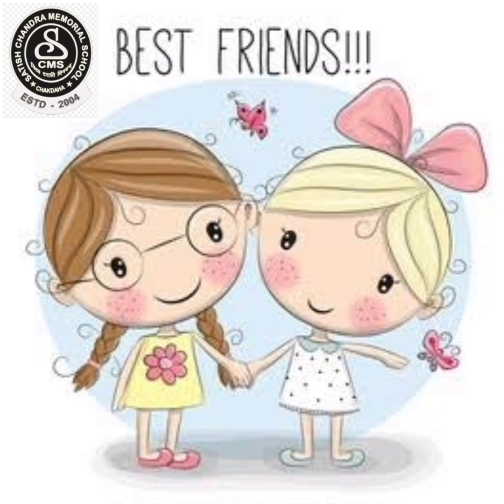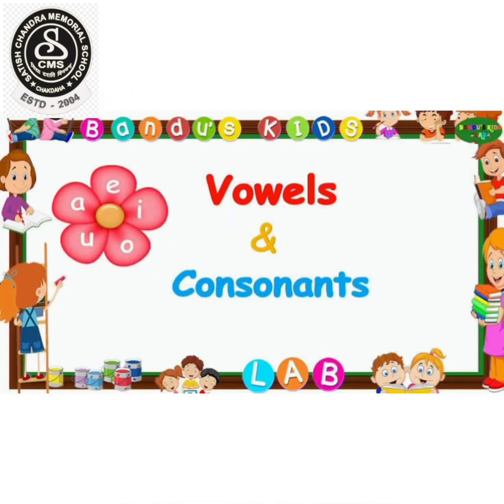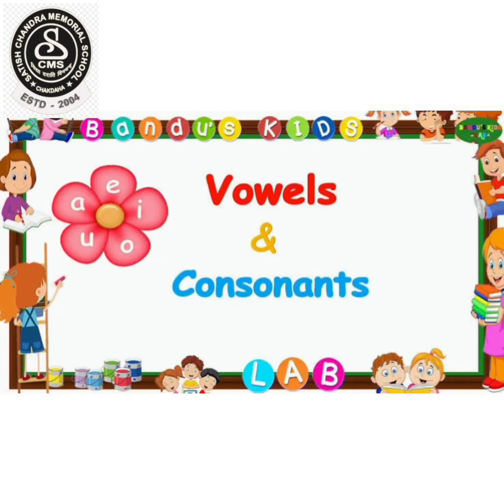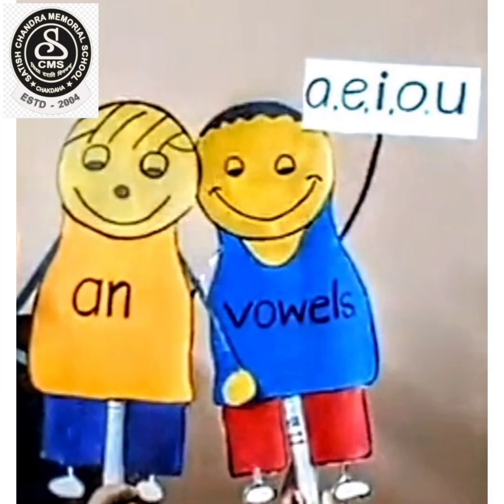Children, in your previous class, you have learned about vowels and consonants best friend, right? Can you tell me who is the best friend of consonants? Very good. A is the best friend of consonants. And children, now tell me who is the best friend of vowels? Very good. An is the best friend of vowels.